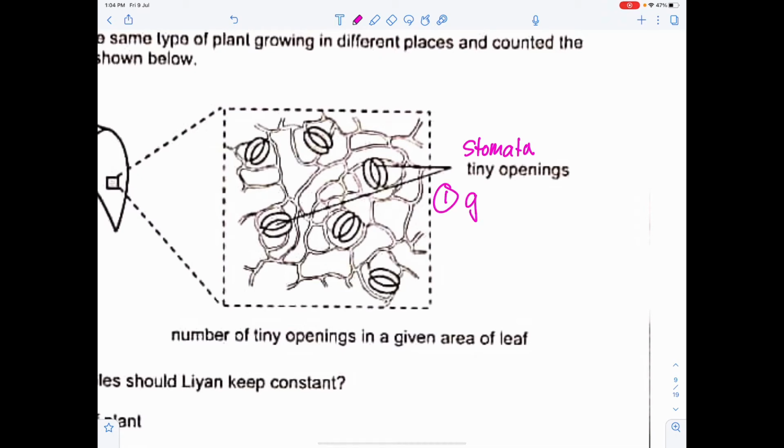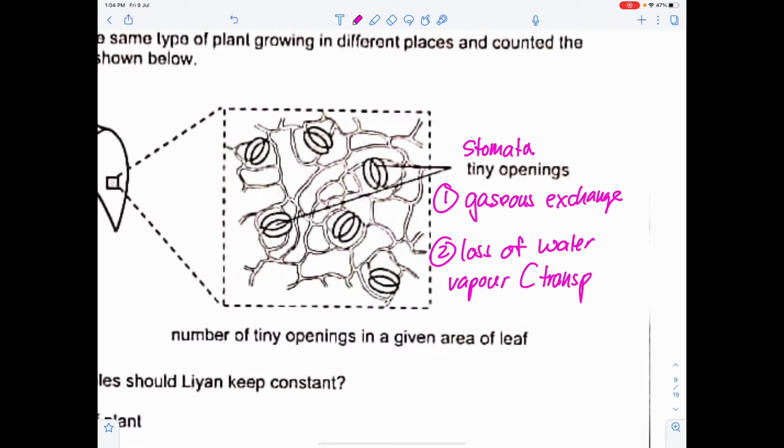One is gaseous exchange. Two is the loss of water vapor. This loss of water vapor, the process, is called transpiration. So this is something that you should bring up straight away when you see these drawings.